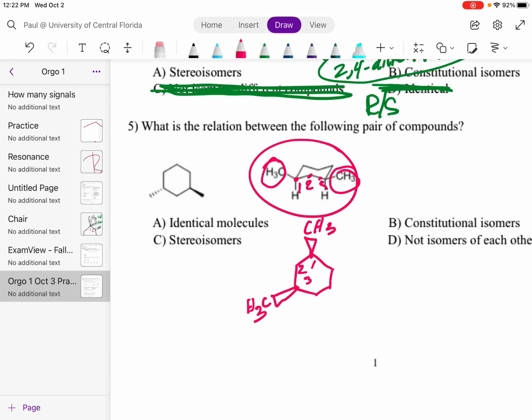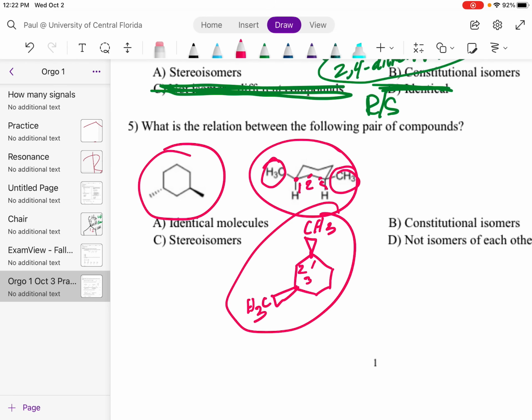And so when you compare that structure now to that guy right there, you will see that they have the same molecular formula, same connectivity, but the orientation is different: we have two wedges here versus a wedge and a dash. And so now we have to figure out, are those stereo? They're definitely stereoisomers.